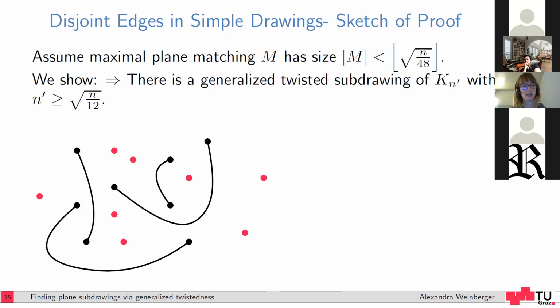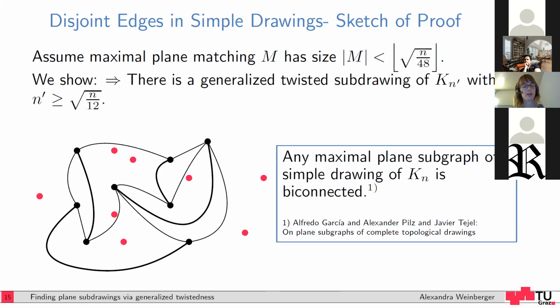Then we first extend this maximal plane matching to a maximally plane drawing of only the vertices that were matched. So we leave the unmatched vertices out for now and just extend the matching by edges. And now we again use the nice theorem we already used before, that any maximal plane subdrawing of a simple drawing of the complete graph is biconnected.